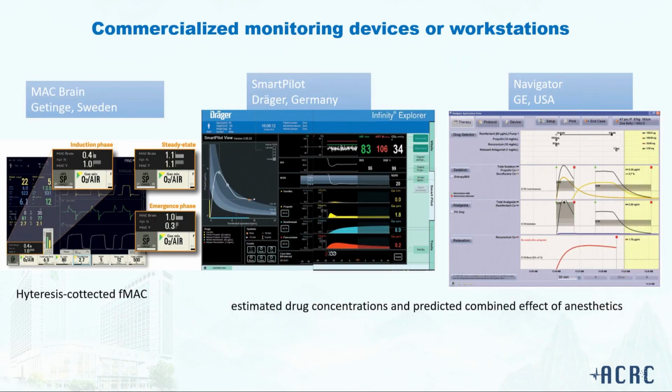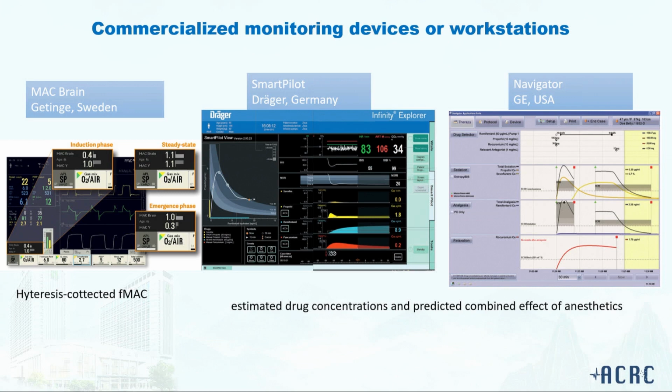So there are commercialized monitoring devices or workstations to address this problem. Like we all know, the MAC-Brain, they use a separate MAC-Brain indicator to address hysteresis, an adjusted or corrected MAC. And also SmartPilot and Navigator, from two different companies, integrate the different drug interactions, especially intravenous drug interactions.